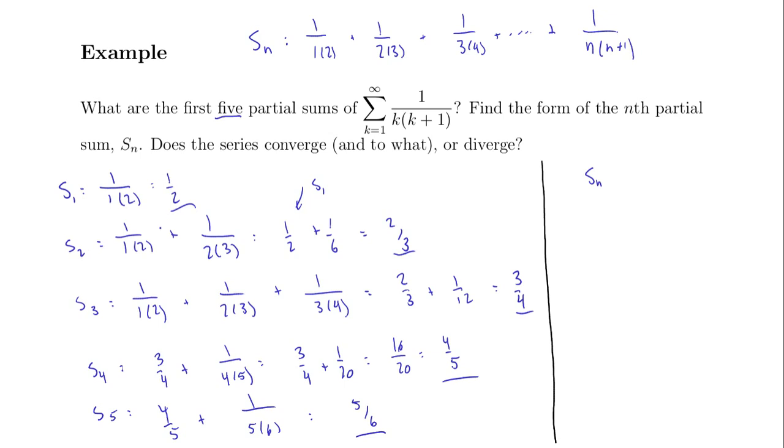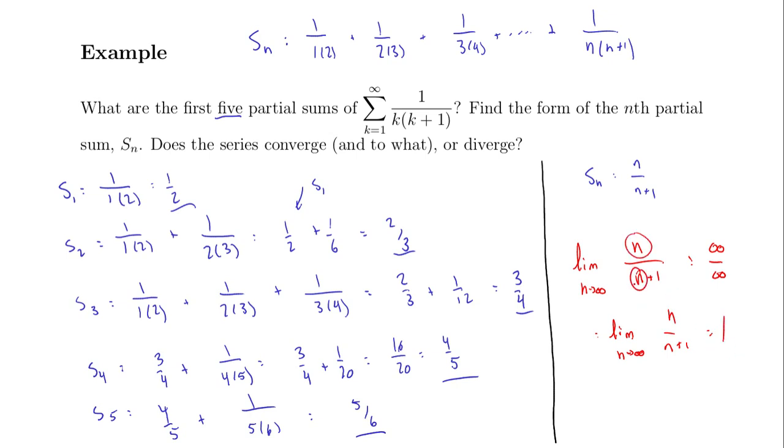S sub 1 was a half. S sub 2 is 2/3. S sub 3 is 3/4. S sub 4 is 4/5. S sub 5 is 5/6. This is probably n over n plus 1. And then I can figure out what this limit is. We've got this indeterminate form, but we could use L'Hopital's rule on it, and it really just works out to be 1.